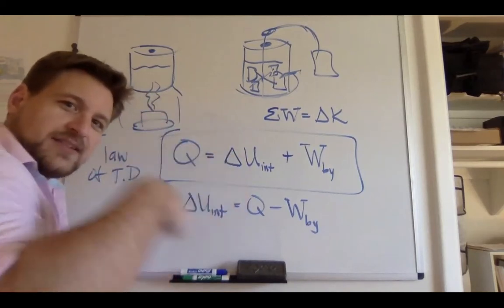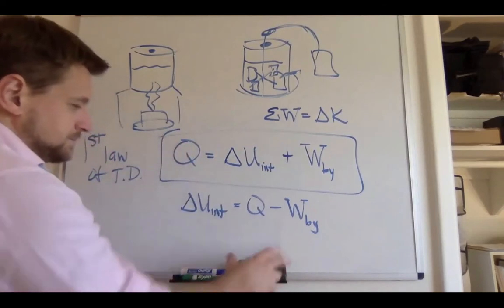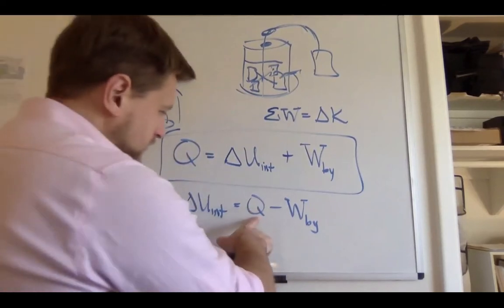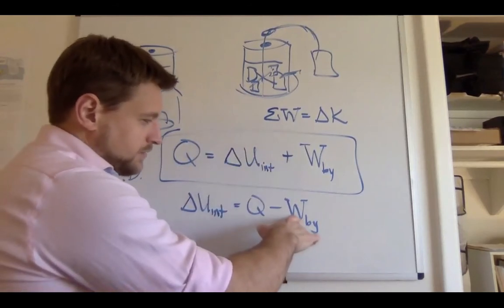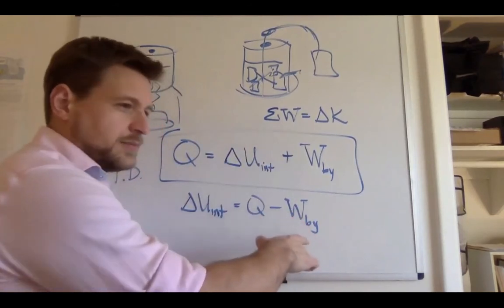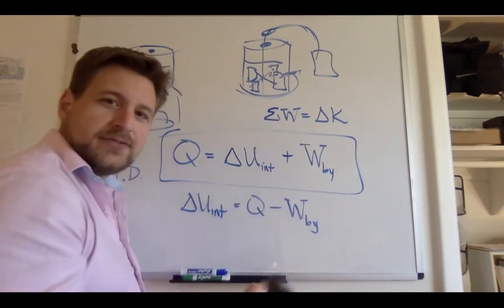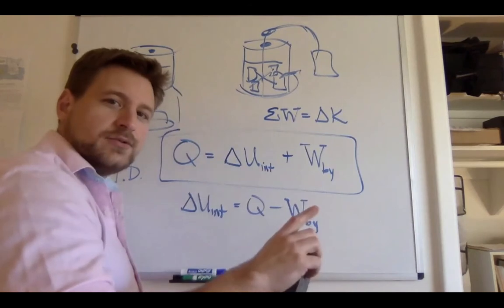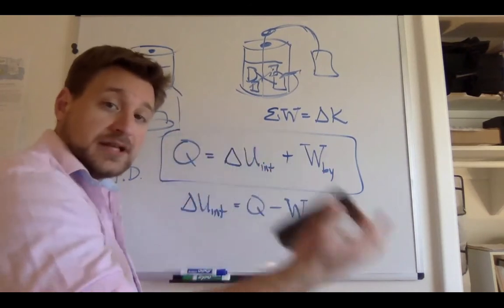This is a really neat thing. And it comes back to the question I just had about state variables and the work done. Q, okay, fine. The work done by the system is different if we undergo a different process. If we go from state 1 to state 2 via one process or another, we end up with a different integral.